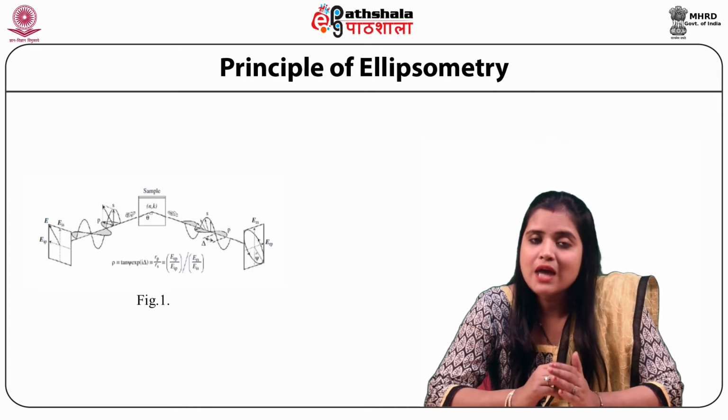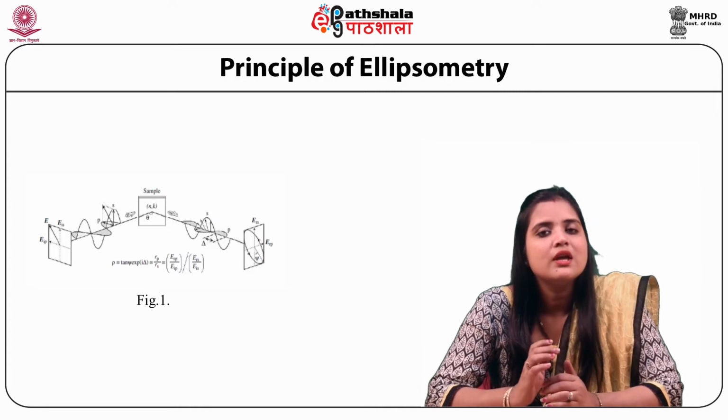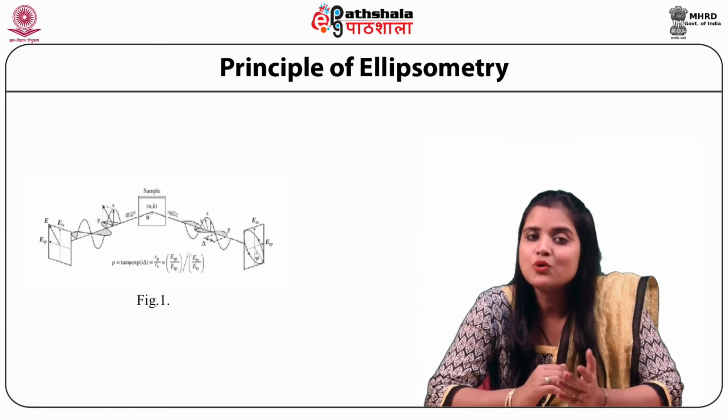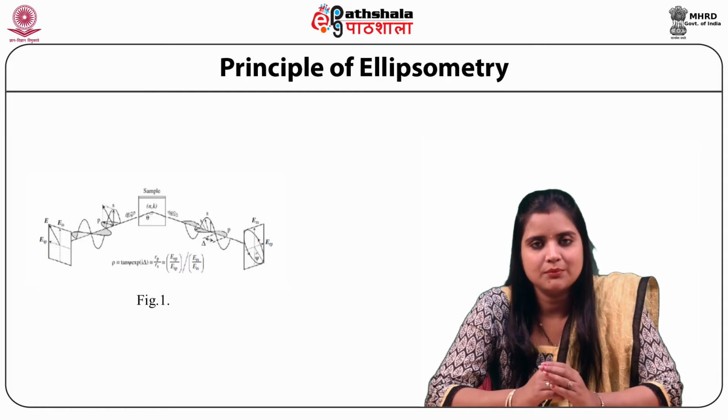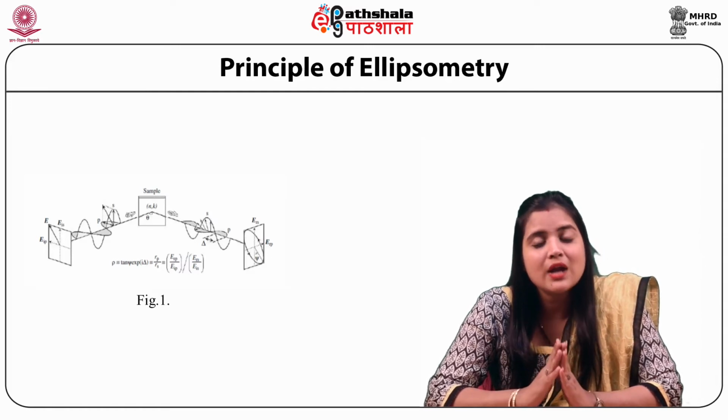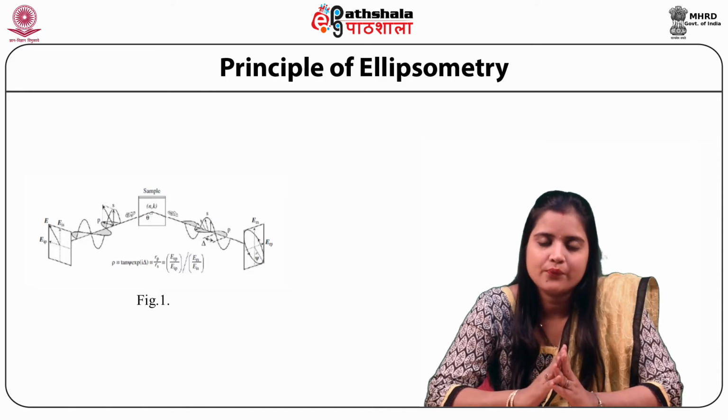Thus, EIS is equal to EIP since the amplitudes of P and S polarizations are the same, and the phase difference between the polarizations is zero.